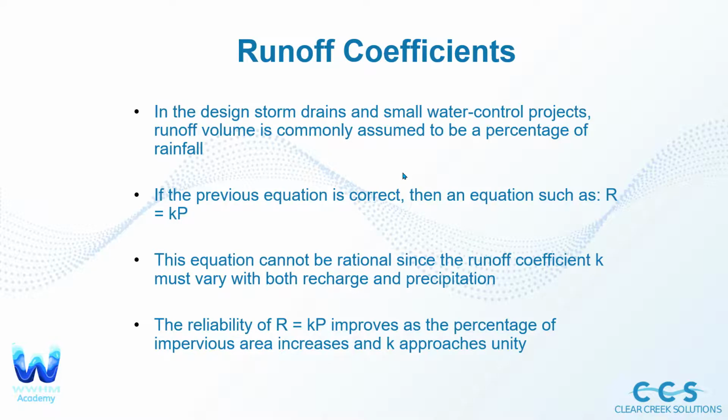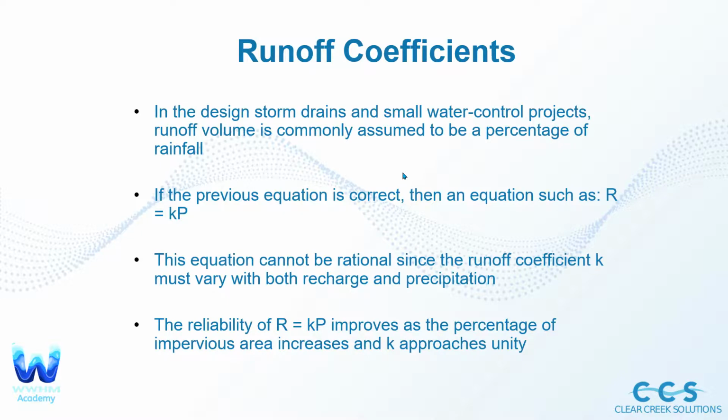So this equation works best when most of the area is impervious. The more we have soil that infiltrates and vegetation and recharge, as we discussed before, the more difficult it is to keep track on a single event hydrology basis, and it needs something more like continuous simulation hydrology to measure the runoff appropriately.